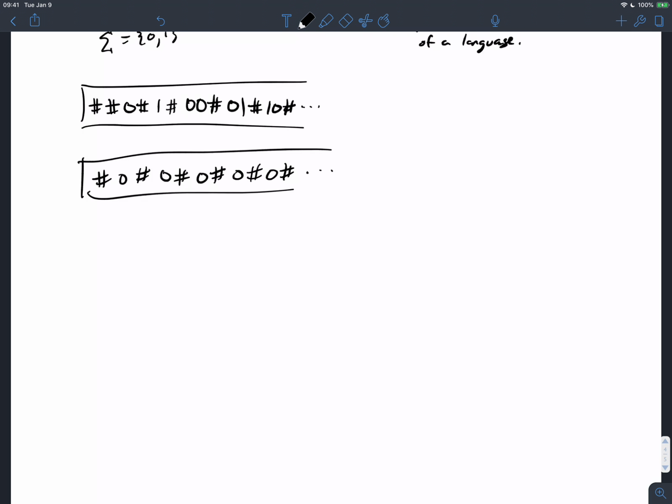But it's perfectly allowable that we can list strings slightly differently. So let's say I write the empty string once, then I write the 0 string twice, then the 1 string 3 times, then 00 4 times, 01 5 times. So I am listing out the strings in the language, but I'm taking a lot longer than the first one did.